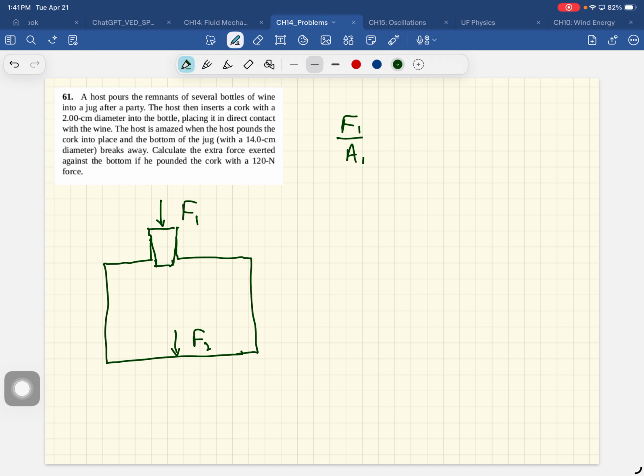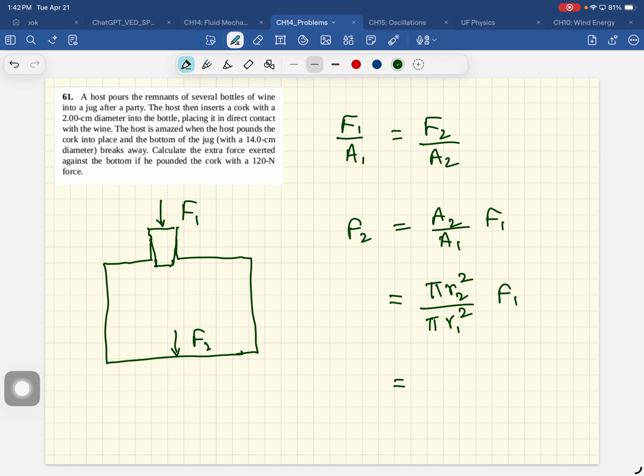So 0.995, and if you multiply, so in part A, 99% of the object is immersed.